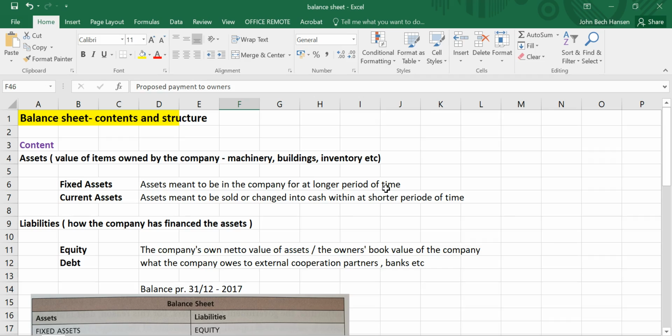It could be buildings, the offices where the company has its place. It could be machinery, cars, and so on. And of course, at some point of time, they will be sold. For instance, a car, they won't have that forever.